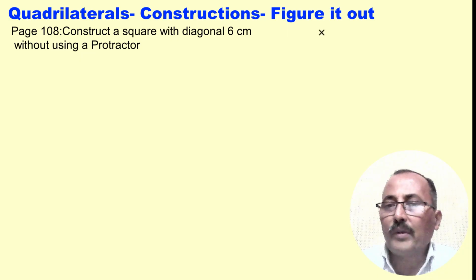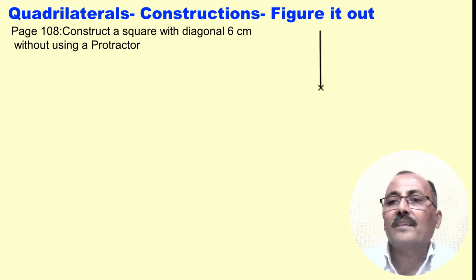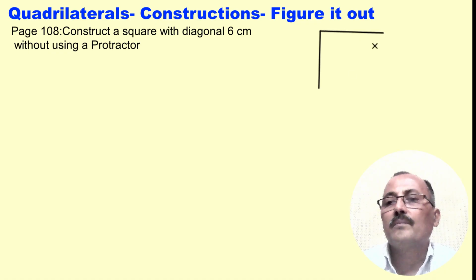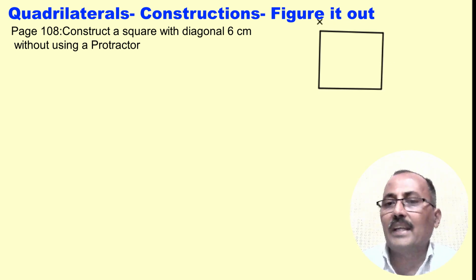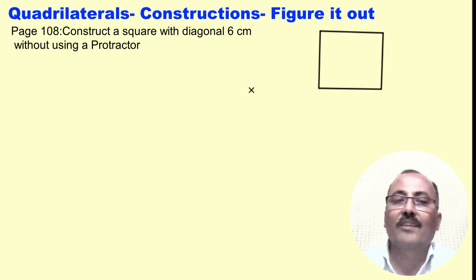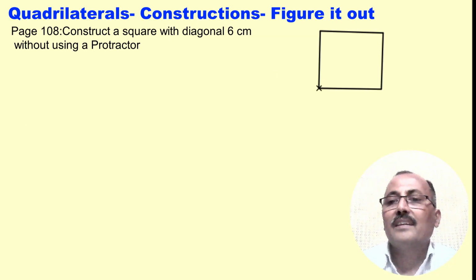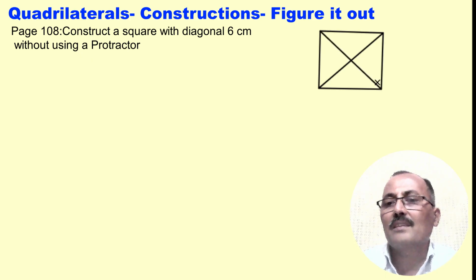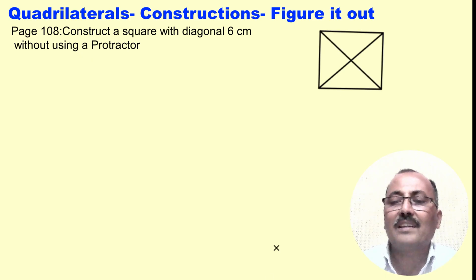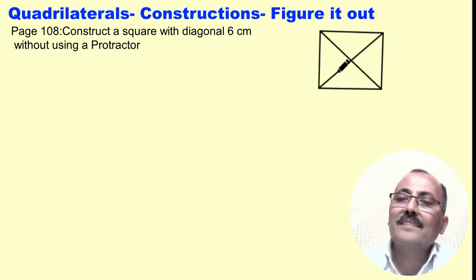We know we have to draw a square. Let me draw a square in the rough diagram. Here, whatever I am drawing is a rough diagram. I didn't name it as a rough diagram, but it is rough only. Diagonals are equal in length. Both diagonals are given as 6 centimeter.